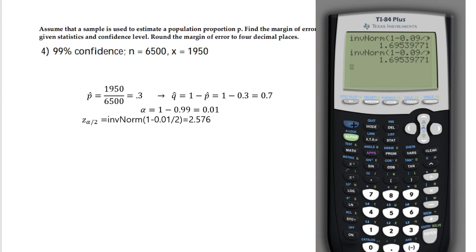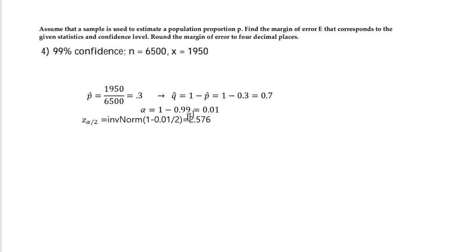Oh, I forgot to change it, sorry. I have to change this to 0.01, and then I see that it's 2.5758, so if you round it, you get 2.576. Okay, so we have this value.